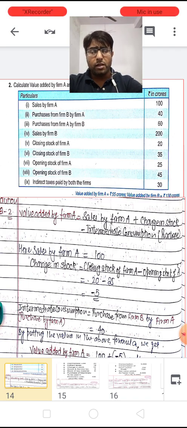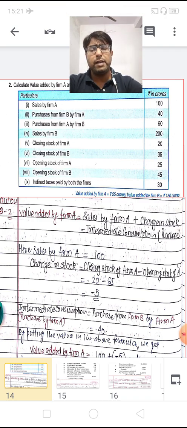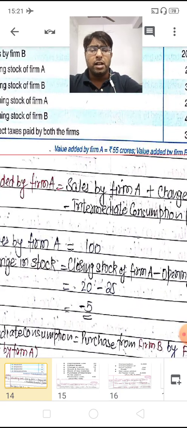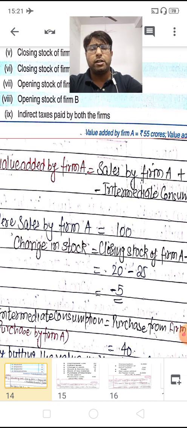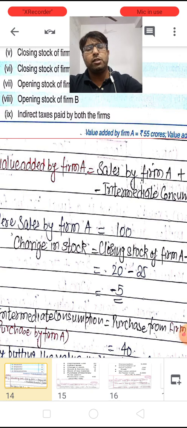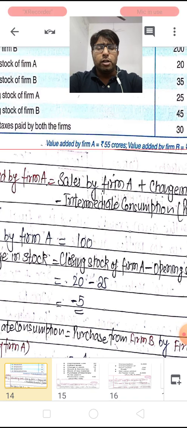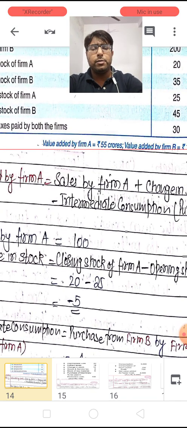Here sales by firm A is given, it is 100. We have to find out the change in stock. The value of change in stock is not given, but we have already understood the formula to find it, which is always equal to closing stock minus opening stock. So for firm A, 20 minus 25 becomes minus 5.